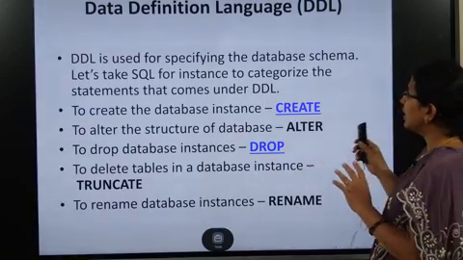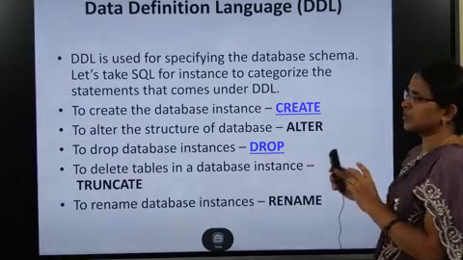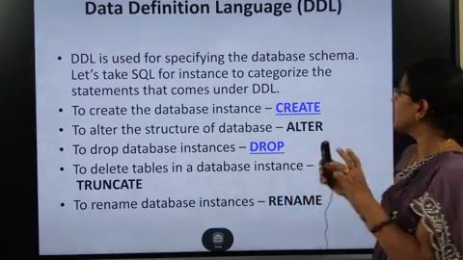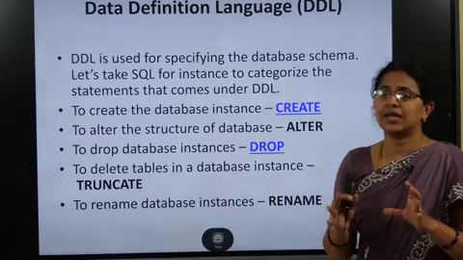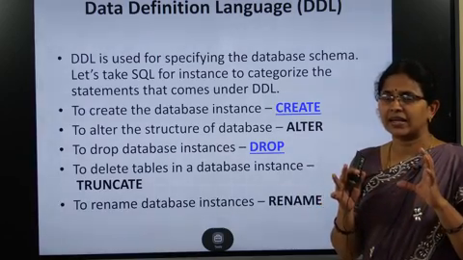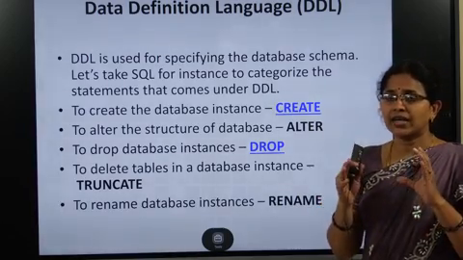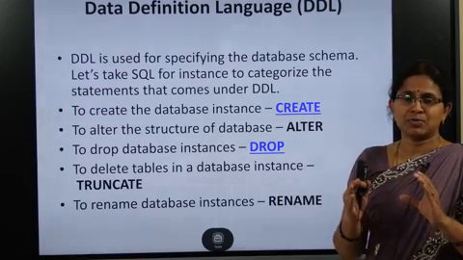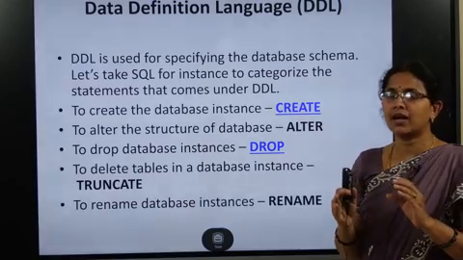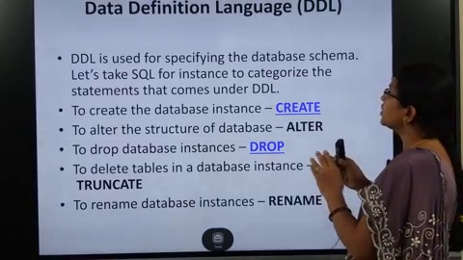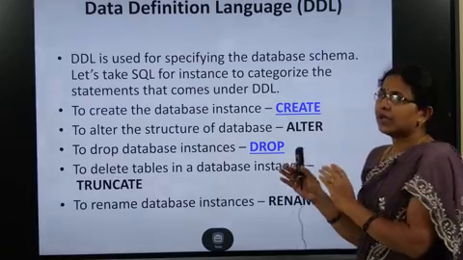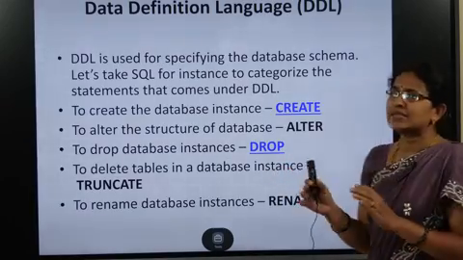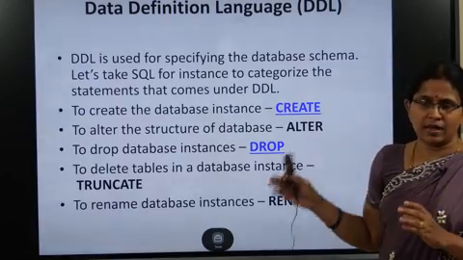So the DDL is framed for specifying and describing the database schema. It means what exactly it is performing and what it is up to. All these can be specified by using the data definition language.